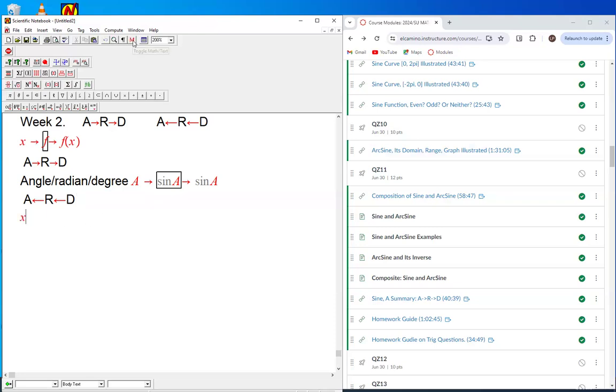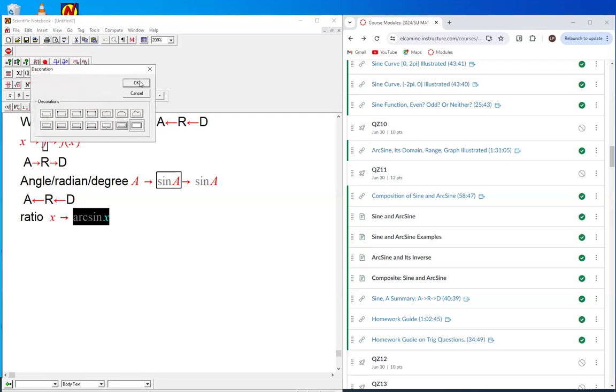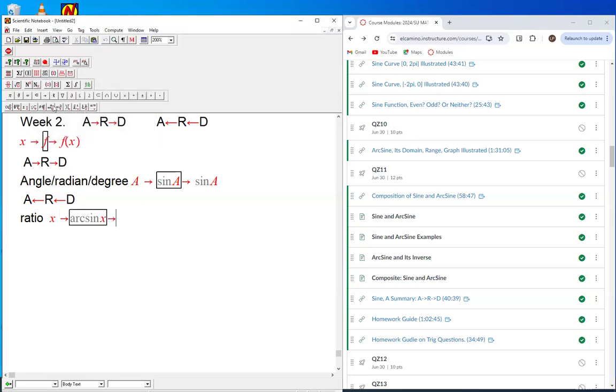We have x as a ratio, and then arcsine produces an angle. And of course, this angle is going to be in a very specific range.